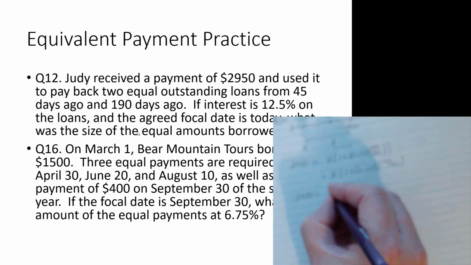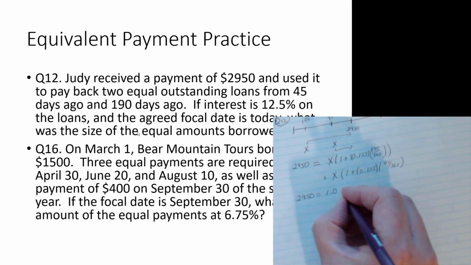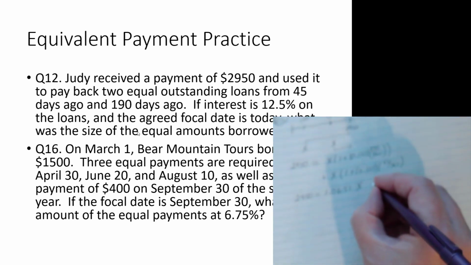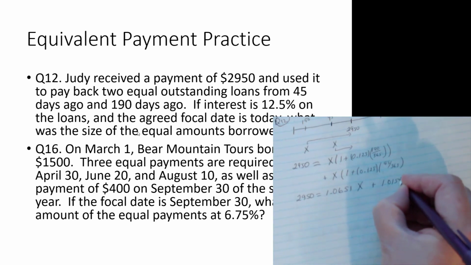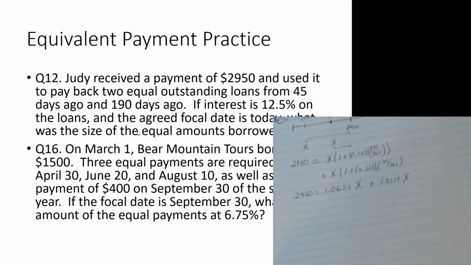Okay. And so I have 1.0, because I'm working inside the brackets here, so I get a value 1.0651, still times X, I don't know what that is yet, plus 1.0154, again, times X. So now I'm gathering up my X's just like I did in unit number 2.